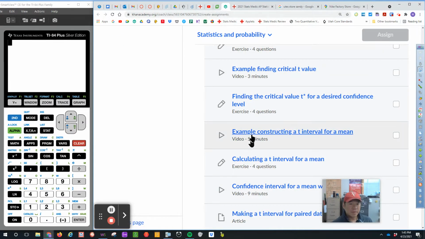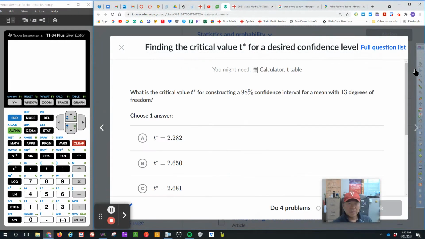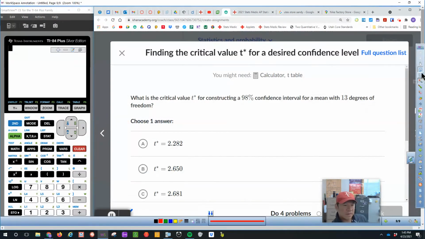So what is a critical value? What is a T star? The best way to do it is to show you.